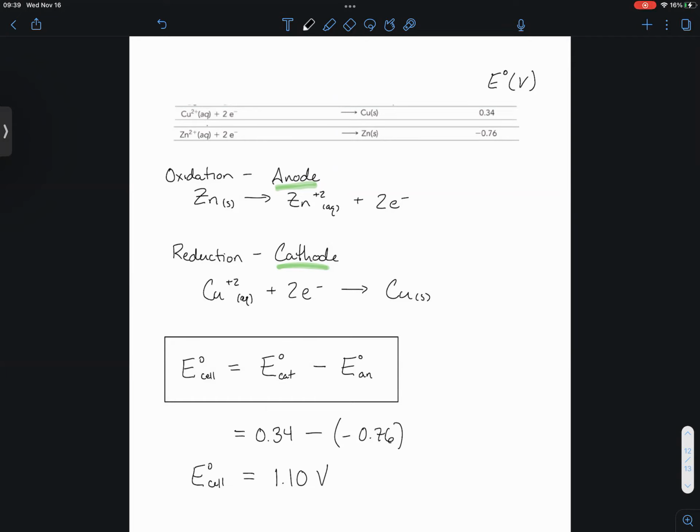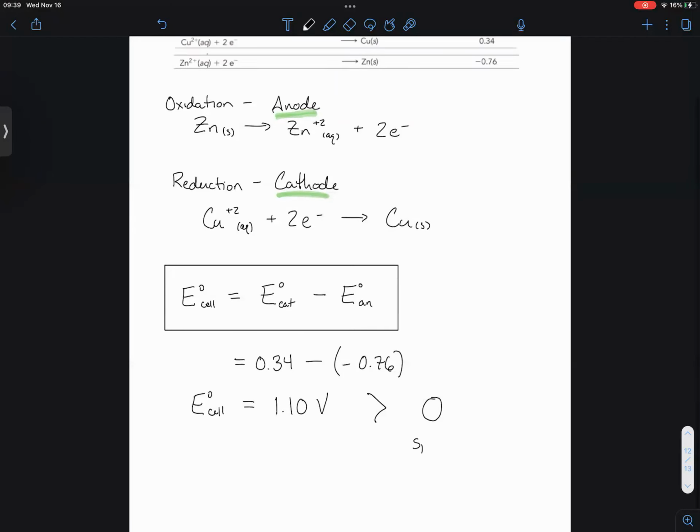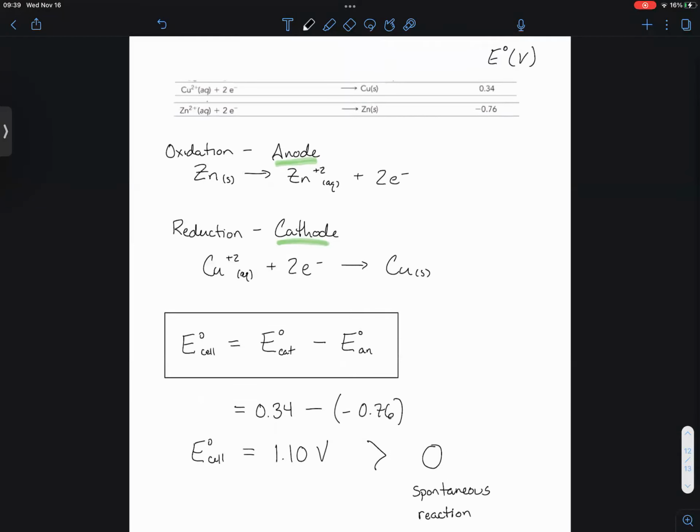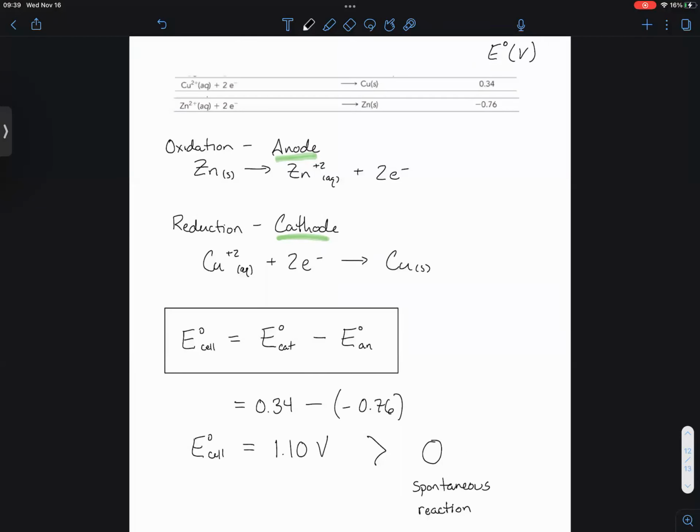These potentials here, if they are greater than 0, indicate a spontaneous reaction, meaning that your battery will actually work in the direction that you intended it to, right?